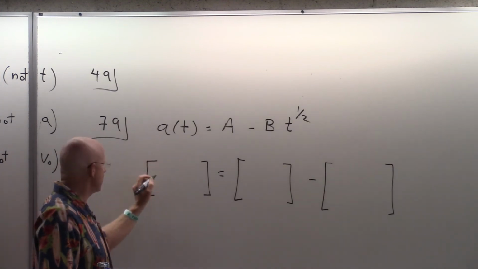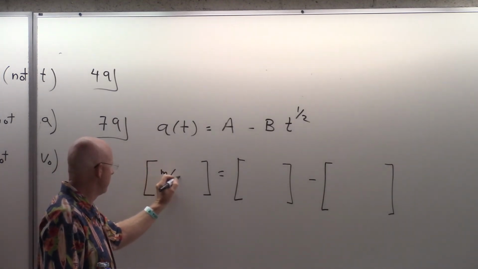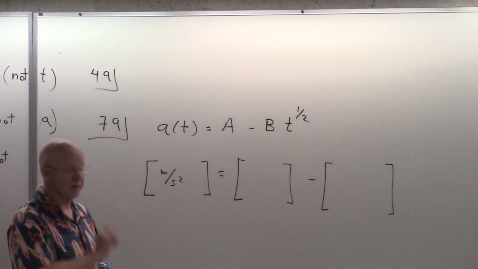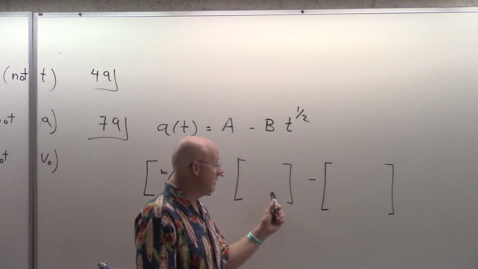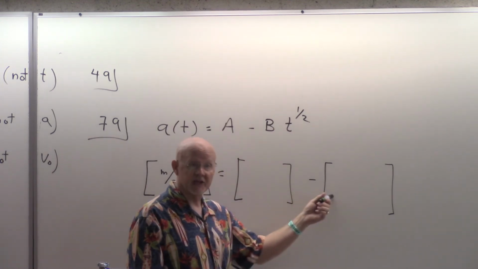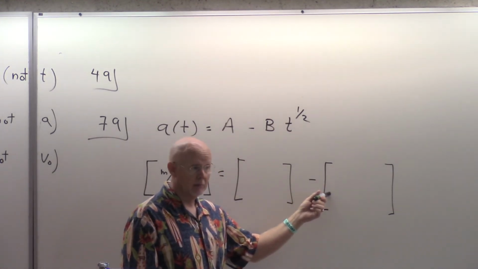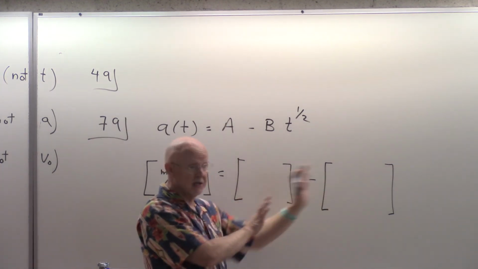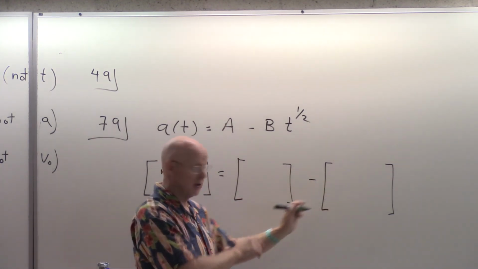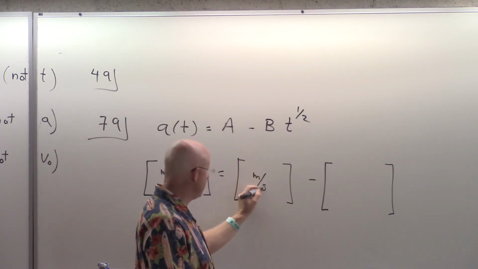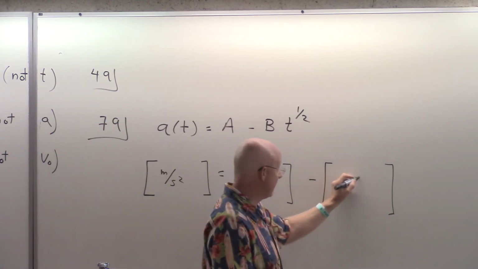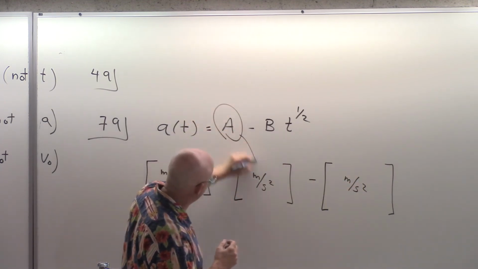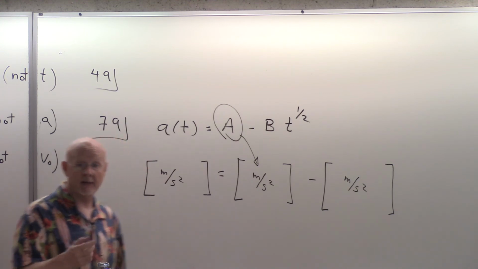What units are used to measure acceleration? Meters per second squared. And here's what that tells me. That tells me that when I add things, don't they have to be the same units? So like, seconds added to seconds works. But seconds added to meters doesn't. They got to be the same units. So this must have units of meters per second, and this must have units of meters per second. So that tells me the first part of this, what are the units that go with the capital A? Meters per second squared.